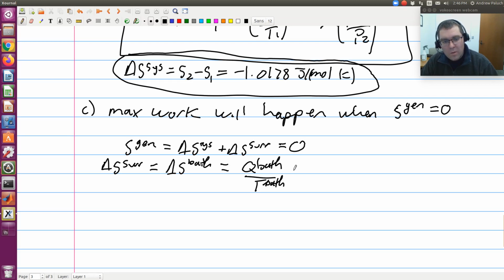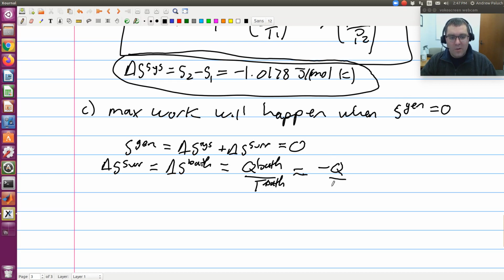Where Q bath, the amount absorbed or rejected by my bath, is going to be the opposite of what was absorbed or rejected by my system. So Q bath is just negative Q, where Q is the heat added to or removed from my system.